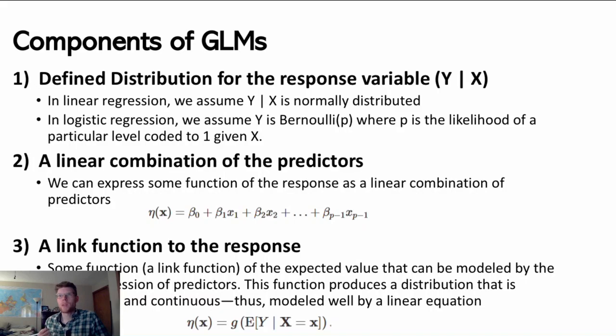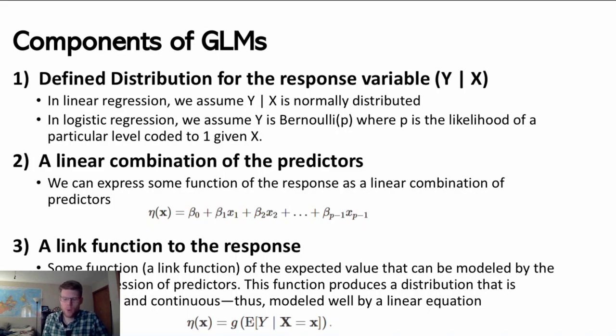Number one, there is a defined distribution for the response variable y given x. So we have some response variable y. It has a conditional distribution at any given set of x values. So given some predictor values, there is a distribution that y could take given x.